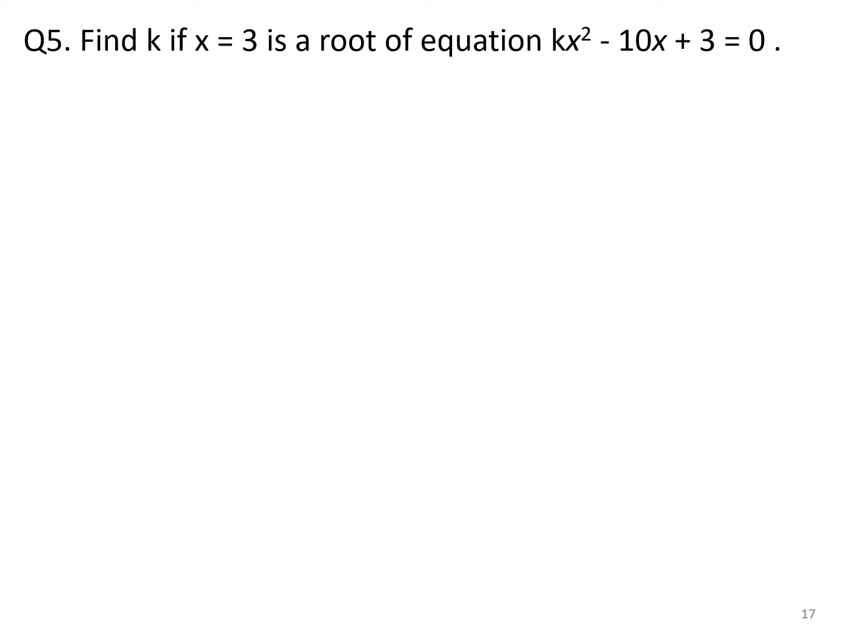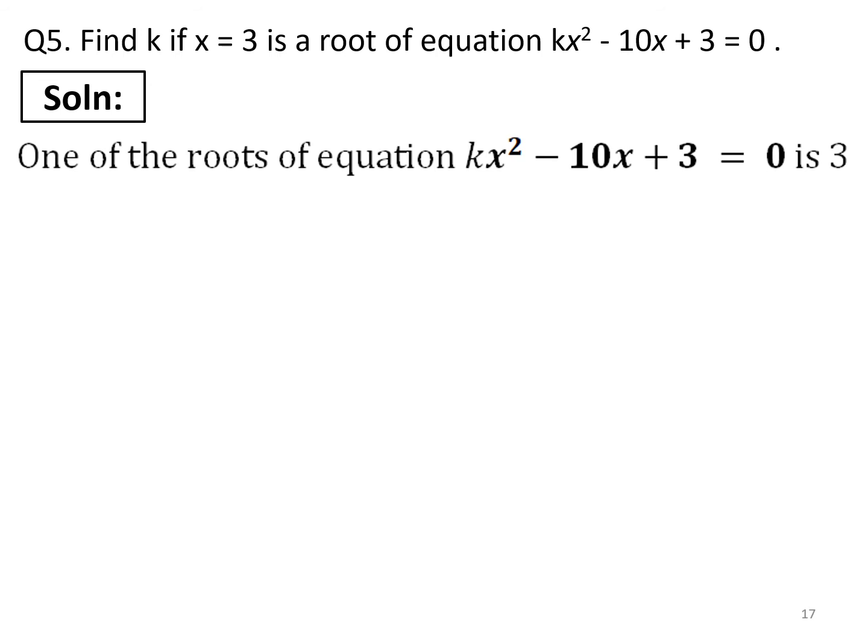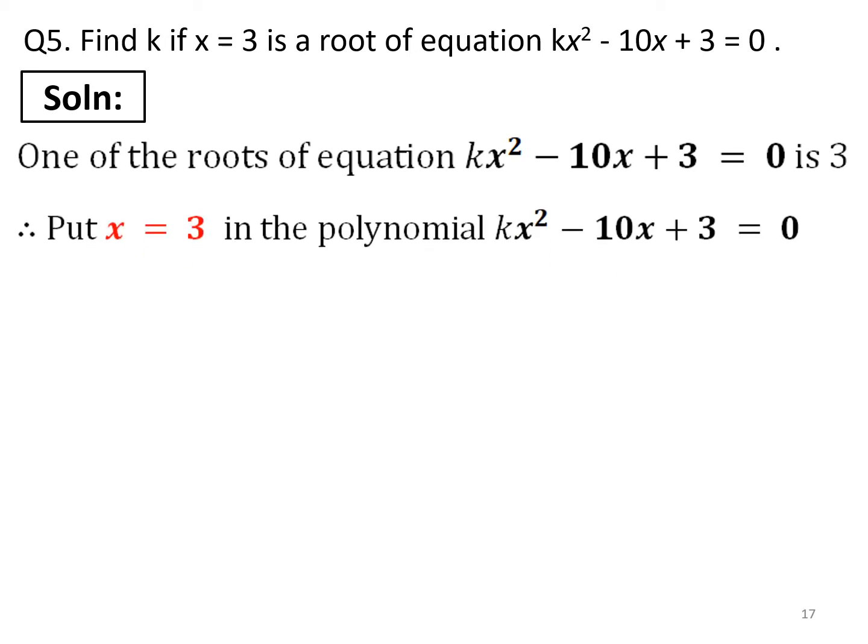Question number 5. Find k if x is equal to 3 is a root of the equation kx square minus 10x plus 3 is equal to 0. Solution. One of the roots of the equation kx square minus 10x plus 3 is equal to 0 is 3.